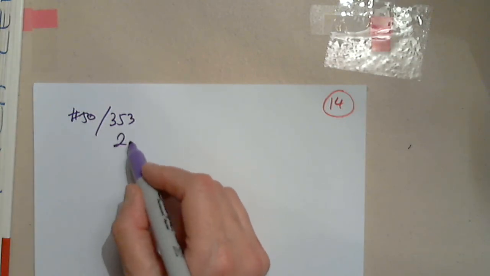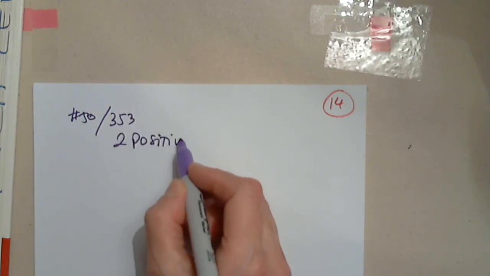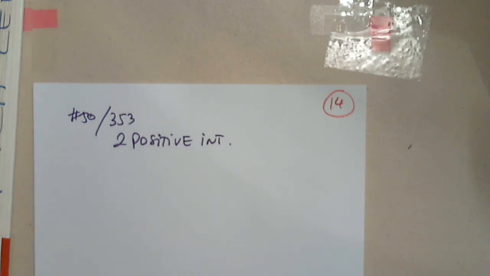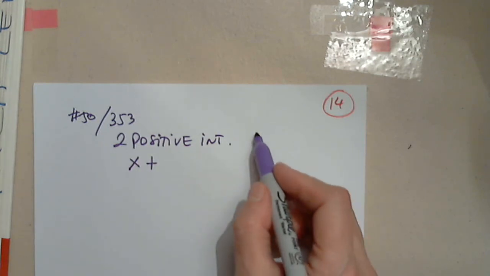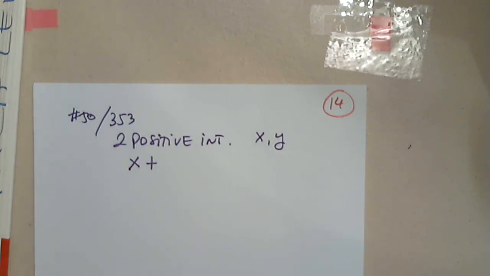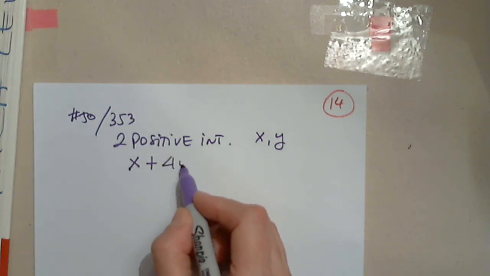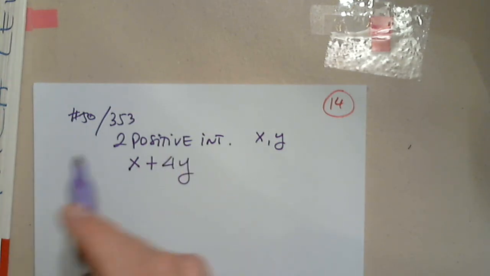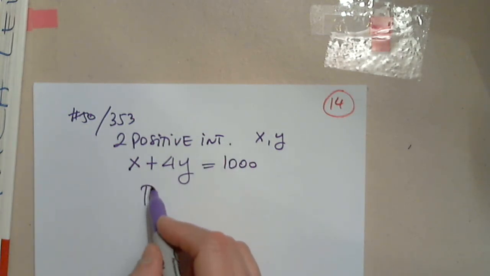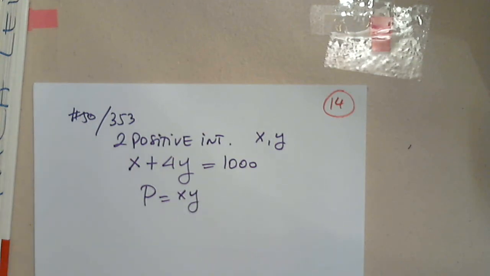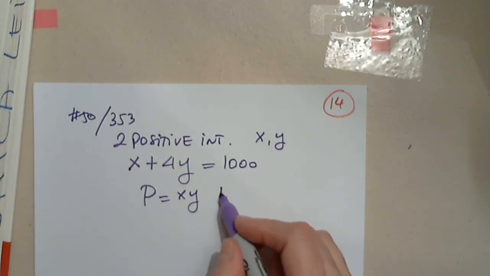Find two positive integers such that the sum of the first number and 4 times the second number is 1,000, and the product of those numbers, which is x times y, is as large as possible.